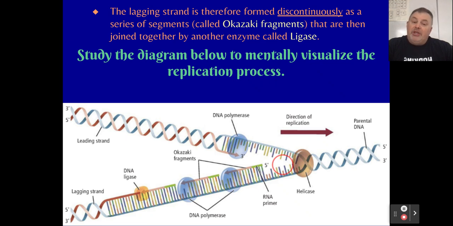Now, on one side, DNA is going to go continuously from this 5' to 3' end, and it's going to do that with DNA polymerase in a continuous cycle. On the other end, it happens as well, but it just happens in small little chunks called the lagging strand.